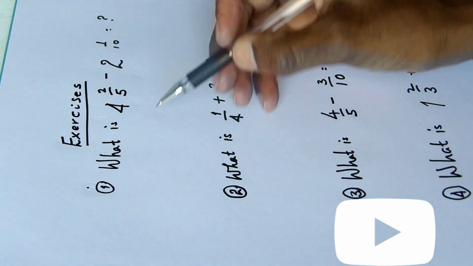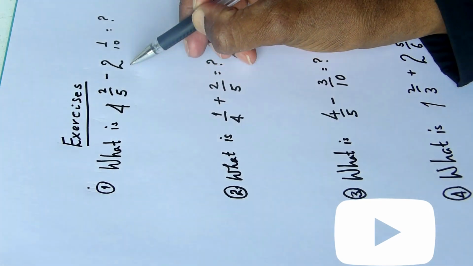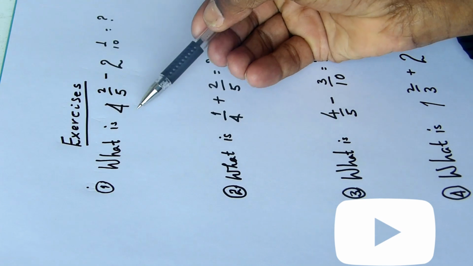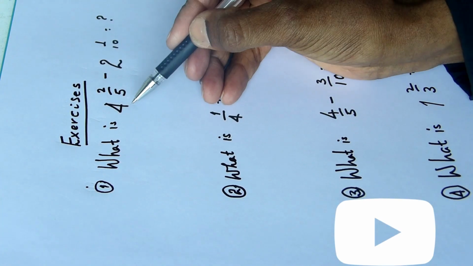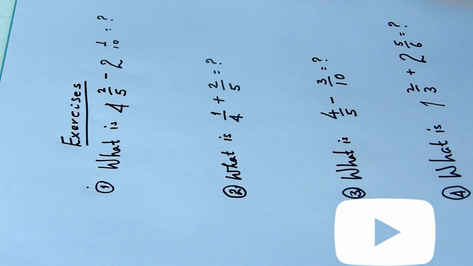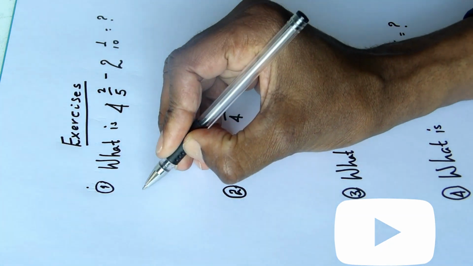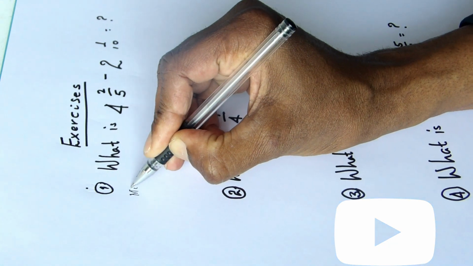What is 4 2/5 minus 2 1/10? What does it mean? This type of quotient, we call it mixed fractions.